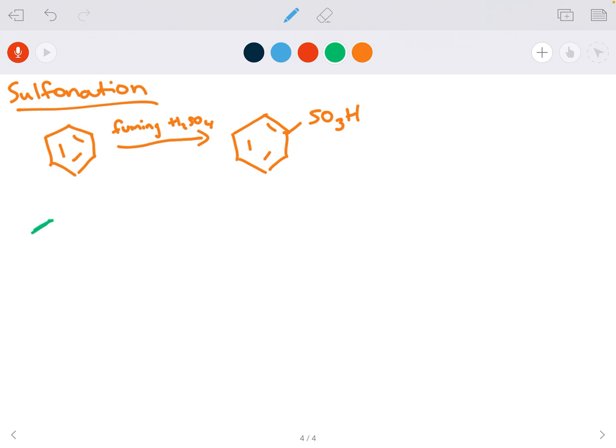So for the mechanism now. I react this with SO3. Right, again, great electrophile. The pi bond comes and attacks.